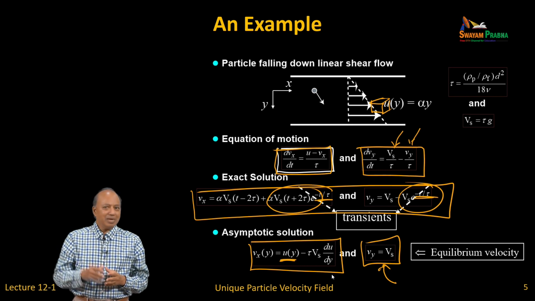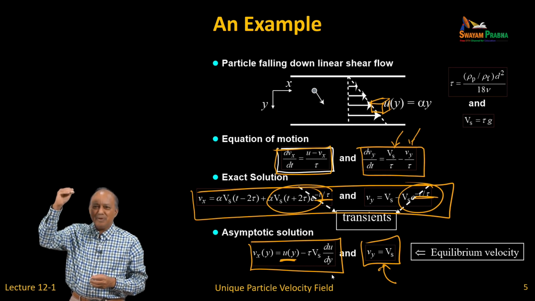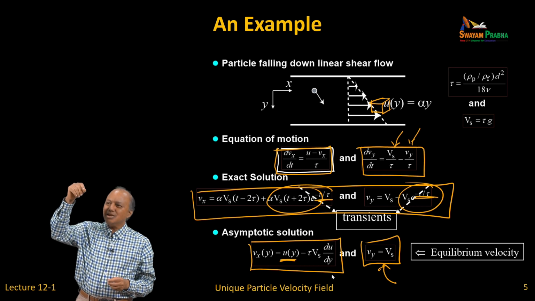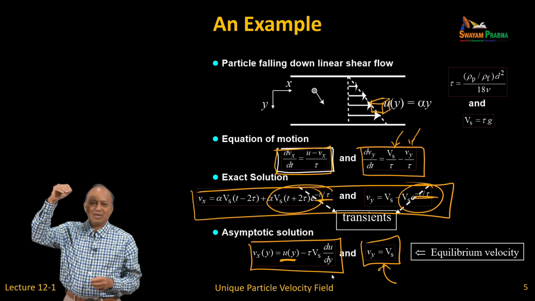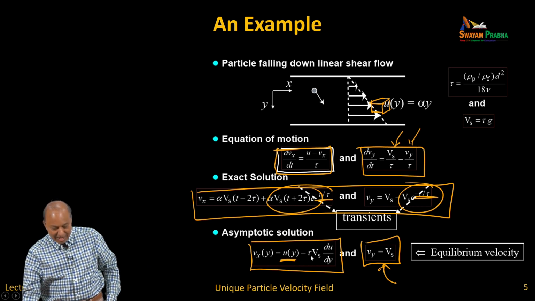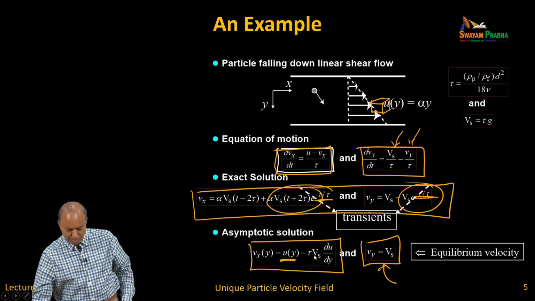Why? Because it came from a layer where it was slow moving fluid. So every time a particle goes down, it sort of remembers a little bit that it moved from slow moving fluid. And this lag is proportional to tau p, and it is also proportional to how fast it is settling.